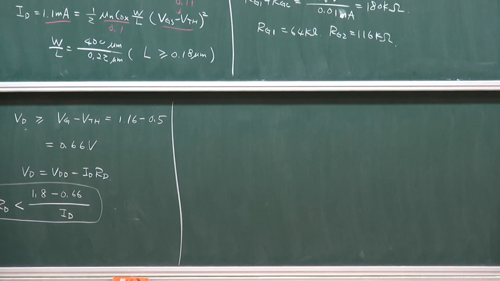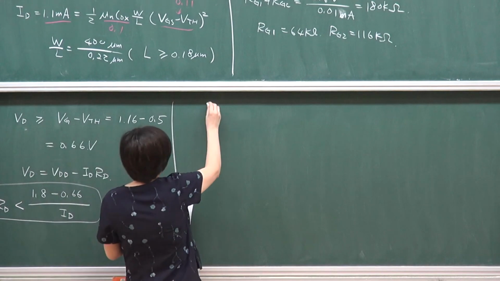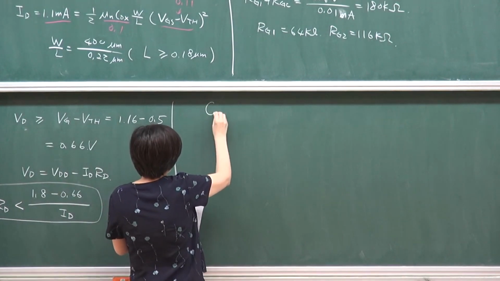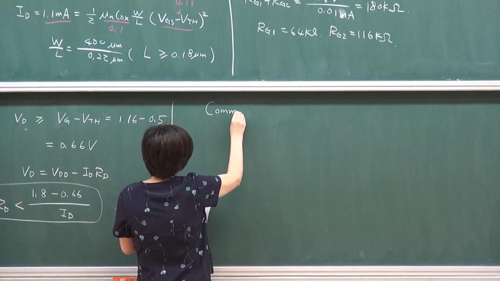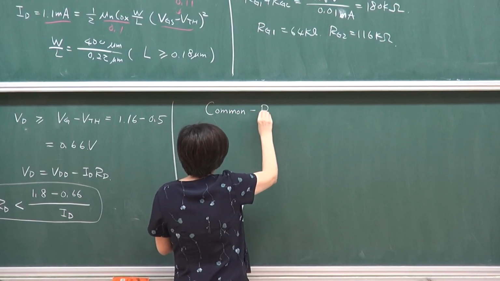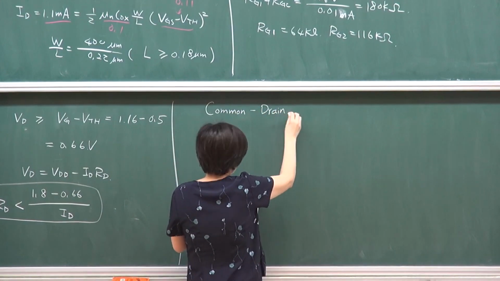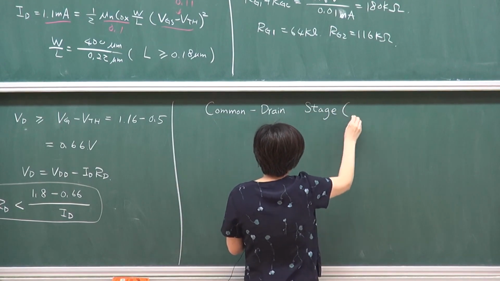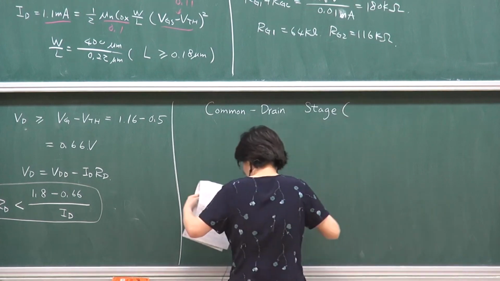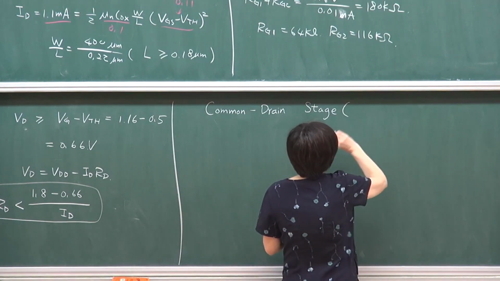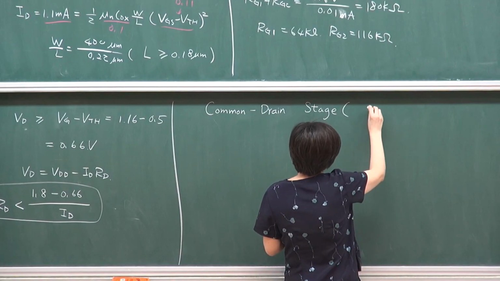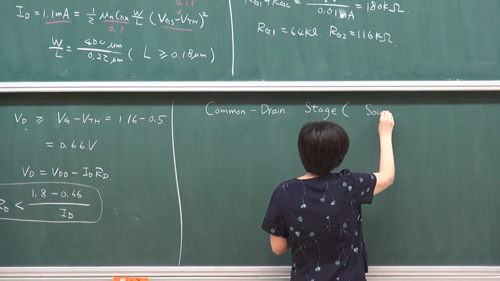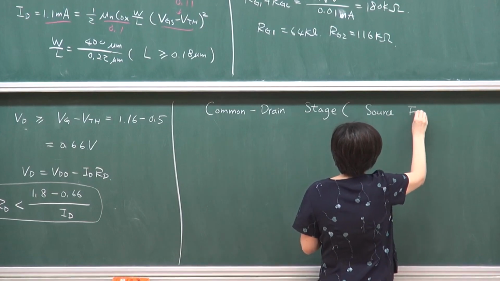So we're going to move on to the next stage, which is the common drain structure. As I said many times, a common drain stage is often referred to as a source follower, because the source follows the gate.